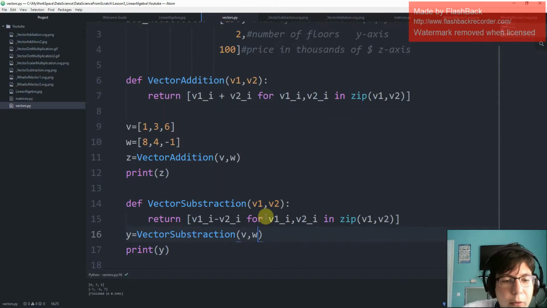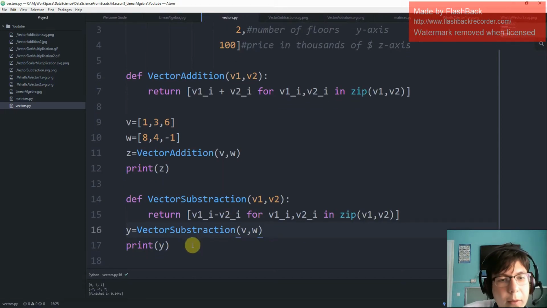And now it should work. So the result is minus 7, minus 1, 7, because 1 minus 8 is minus 7, 3 minus 4 is minus 1, and 6 minus 1 is 7. So the result is correct.